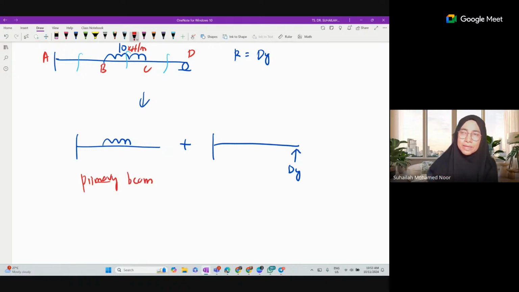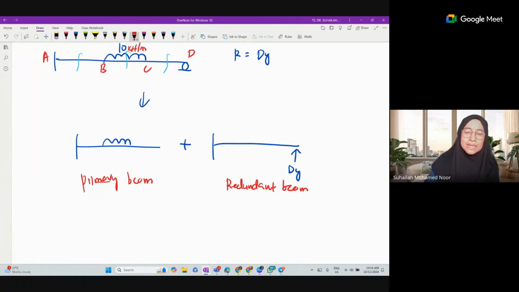The Dy that we remove, we put into another system that is called the redundant beam. One is the primary beam, another one is the redundant beam.